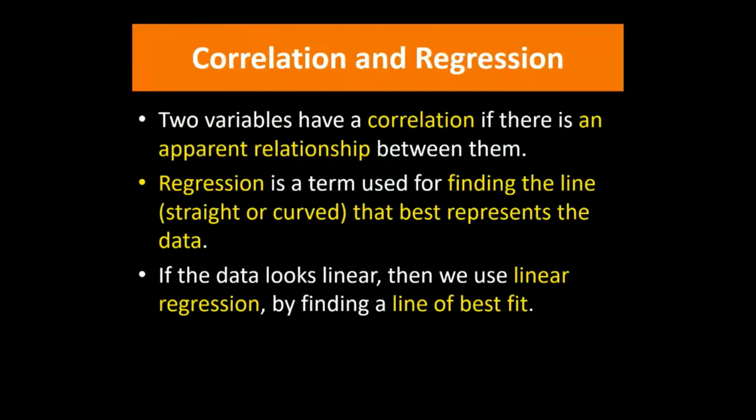Now, another term for regression that you've used before is a line of best fit, which is an example of linear regression. Regression is finding an equation or a function that represents the actual path that data follows. So you've done lines of best fit for linear regression. What we're going to do in this course is more linear regression because the others are a little bit harder.